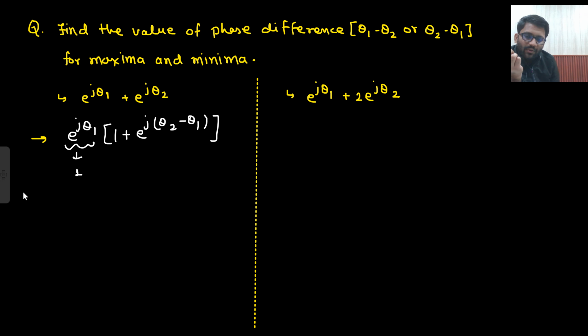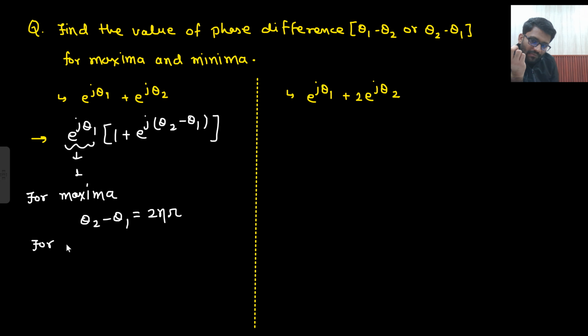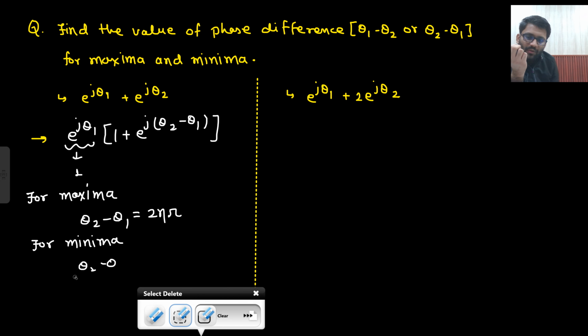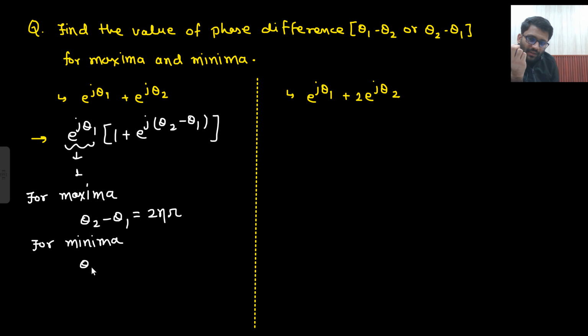So for maxima, what you need to do? For maxima, theta 2 minus theta 1 should be equal to what? 2n pi. For minima, theta 2 minus theta 1 will be equal to (2n plus 1) pi.